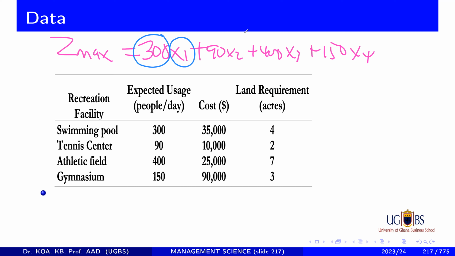Okay, so let's say the University of Ghana pool, and we expect people to come in and use it at least 300 times in a day. That means one person can be there, but maybe go into the pool about 4 or 5 times. So a combined total of all the number of times that people use the pool in a day should be 300.